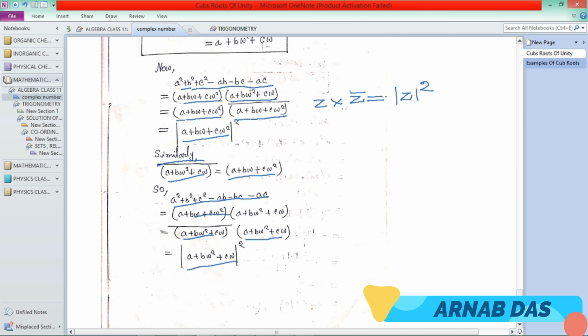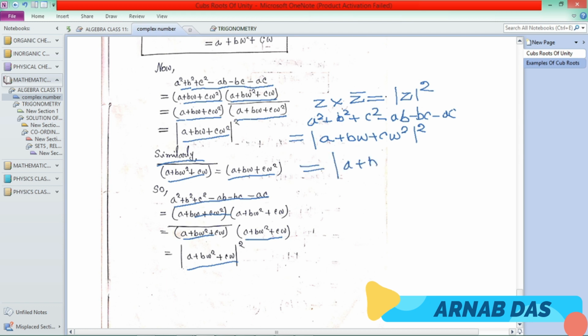So here you can see that a square plus b square plus c square minus ab minus bc minus ac equals the whole square of mod of a plus b omega plus c omega square, and this is equal to the whole square of mod of a plus b omega square plus c omega.